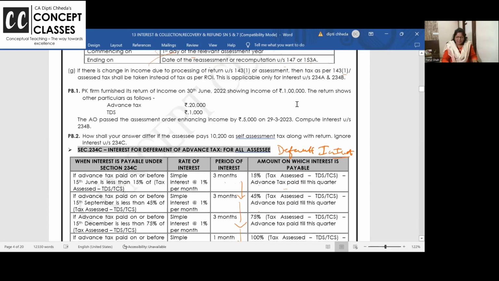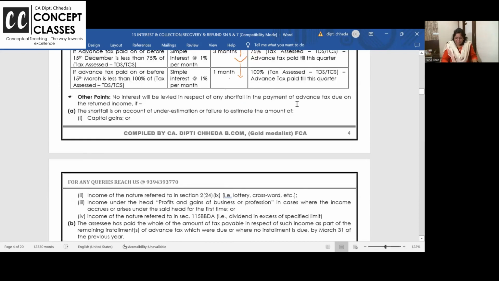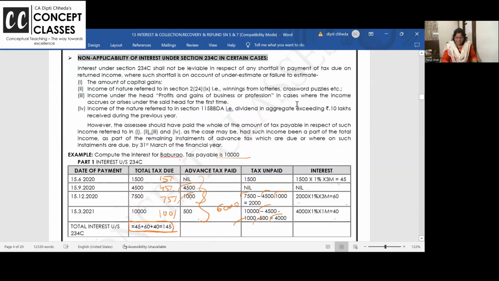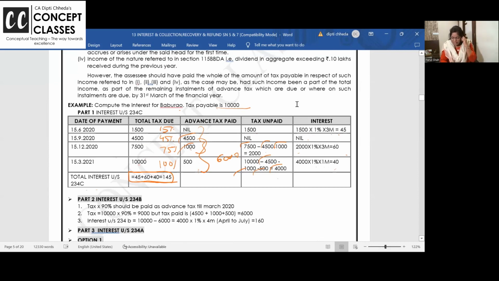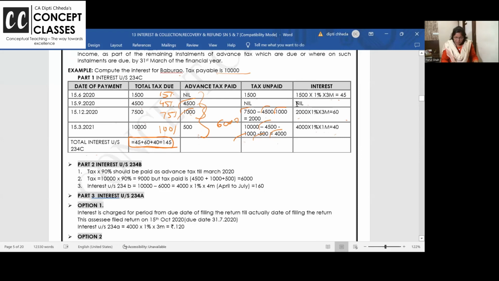Few things are repeated. Let us make it very simple in that same Babu Rao's example. Till March, you had to pay 100% of 10,000. But how much have you paid out of 10,000? 90%, 9,000. If advance tax is less than 90%, 234B interest will be charged.